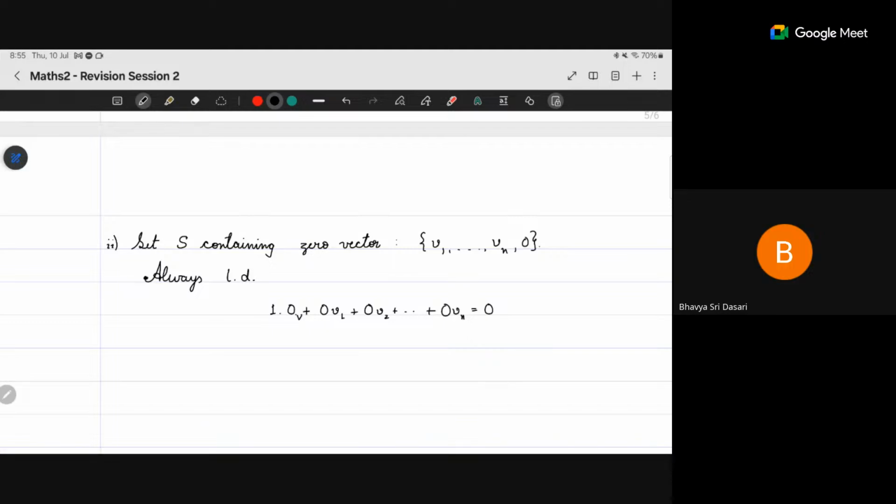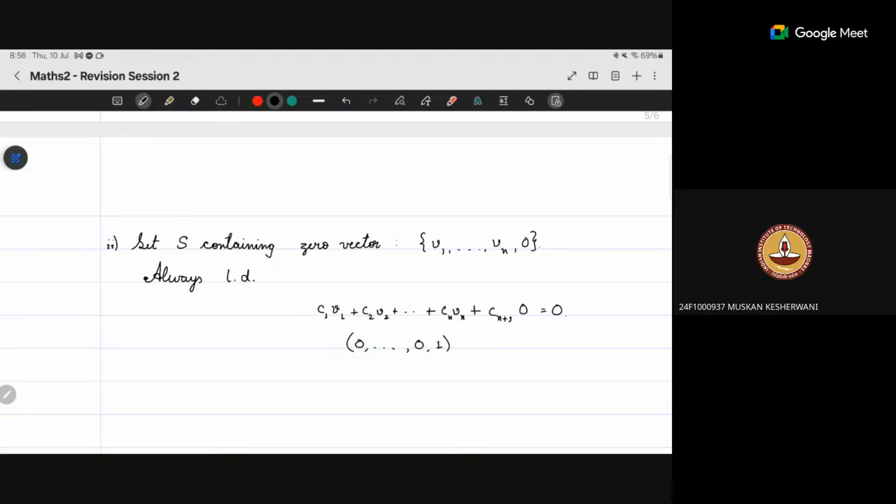So this is a non-trivial linear combination of the vectors because not all of the coefficients are 0. There is one non-zero coefficient. If I write C1 v1 plus and so on, plus Cn+1 times the zero vector is equal to 0, this equation has a non-trivial solution, being 0, 0, 0, 0, 0, 1.